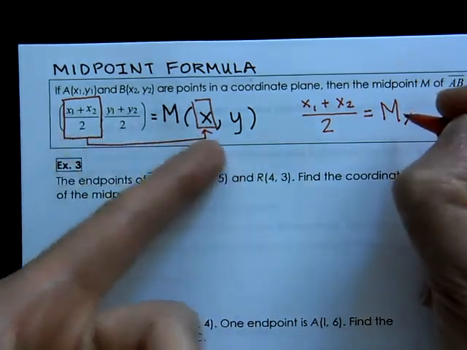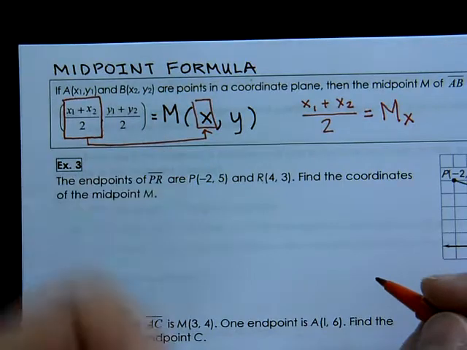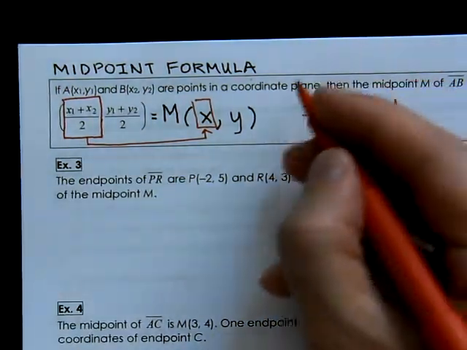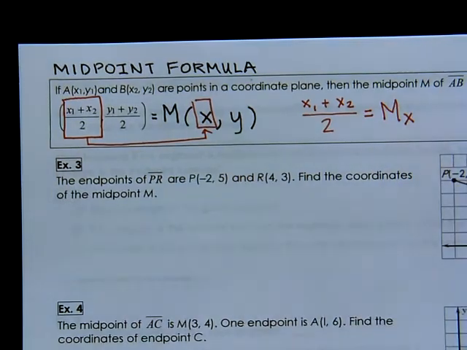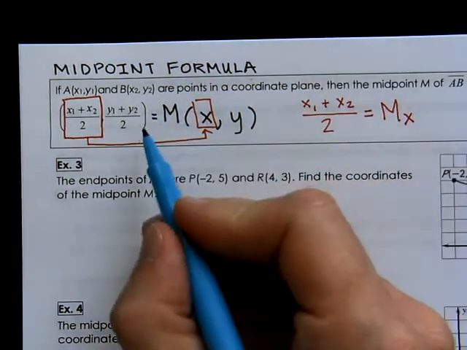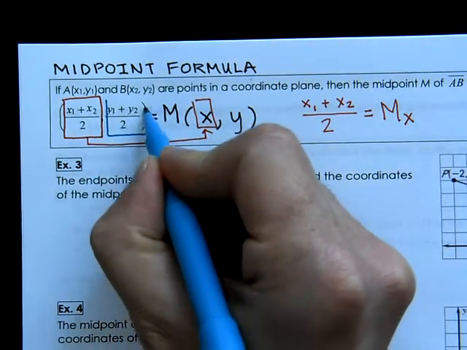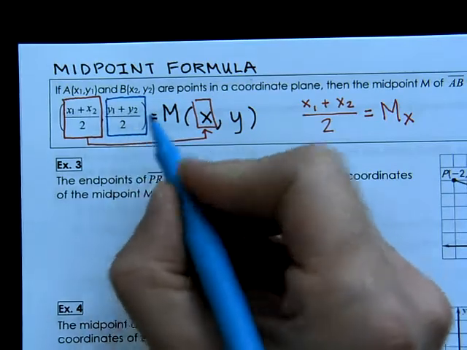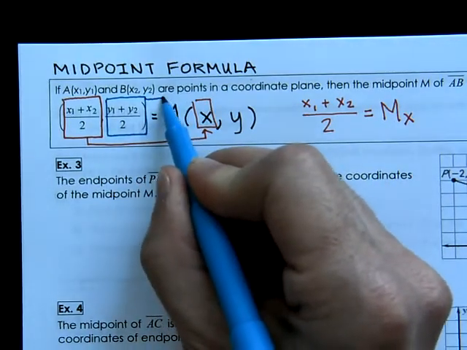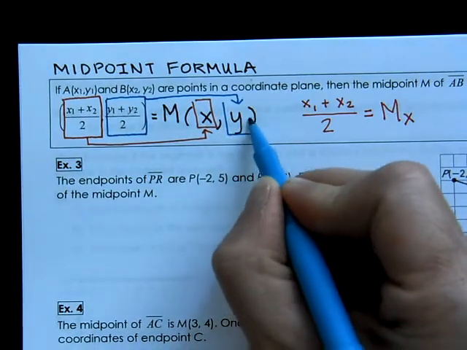So what we're doing is we're taking this given formula, which has both x's and y's, and we're splitting it up so that we will have 2 formulas. One formula just for the x's, and another formula just for the y's. So take your second color and start boxing things in. This is the calculation that I'm doing for the y-coordinates of the given endpoints, and its answer is found here, which is the y-coordinate of the midpoint.